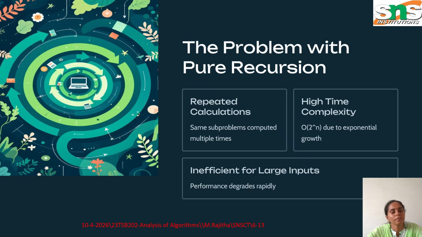High time complexity: it takes exponential time, approximately O of 2 power n. Inefficiency: for large inputs, it becomes very slow. So, recursion alone is not practical for solving this problem efficiently.